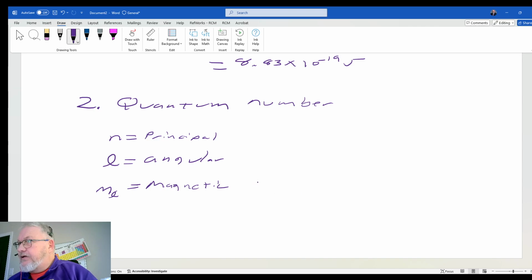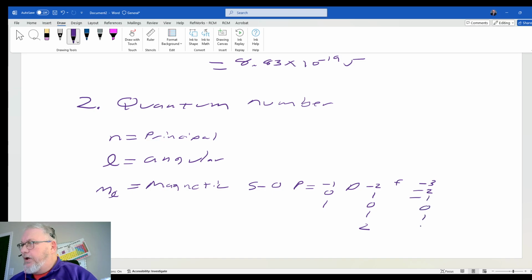So the S can only have 0. The P's, the number would be -1, 0, or 1. The D's can be -2, -1, 0, 1, 2. You see a pattern there? And the F's, yes, -3, -2, -1, 0, 1, 2, 3.